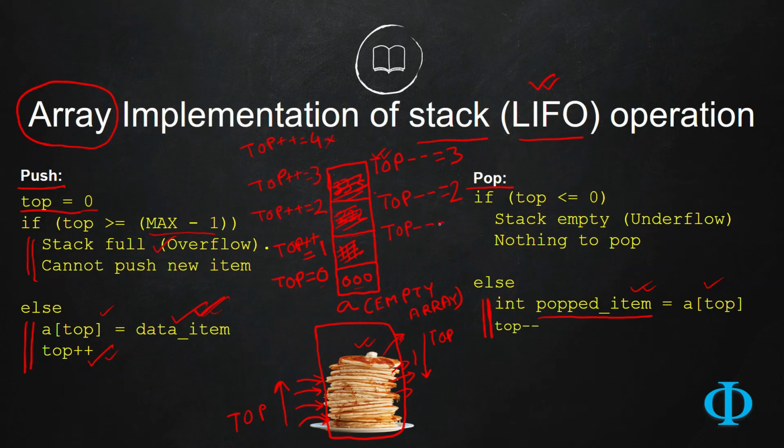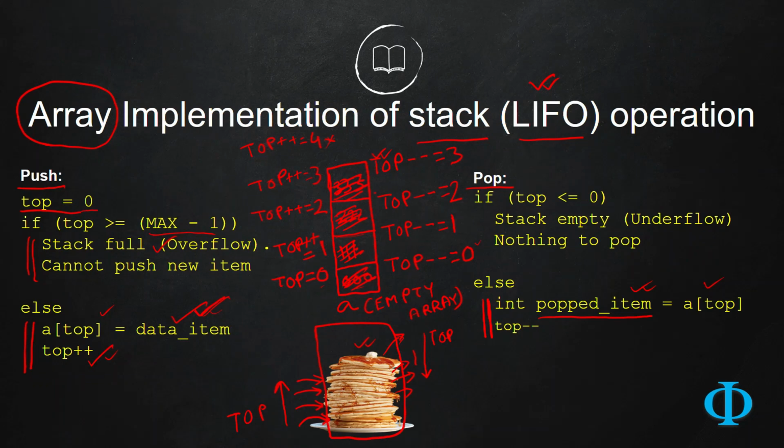So top minus minus is now 1. And finally, when you do the pop once again, just the same way, pop 000, save it inside the popped item and decrement the top again, and now it is 0 from where it started.